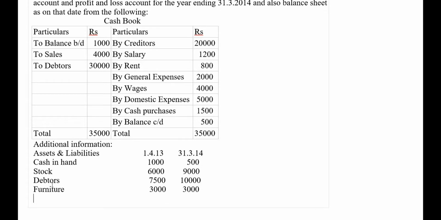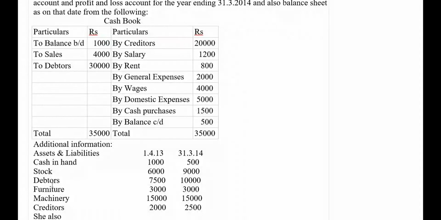Then we have got machinery 15,000, then creditors 2,000, 2,500.